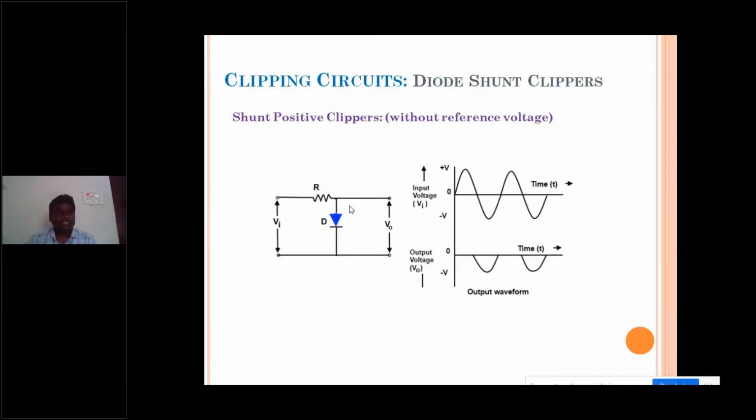But for the shunt clippers, only when the diode is reverse biased is the input transmitted. So in this case, for the positive half cycle, the diode is forward biased and the output will become 0. For the negative cycle, the diode gets reverse biased, so the output is equal to the input, because we are measuring the output voltage across an open circuit. So the positive portion is clipped and the negative portion is transmitted.